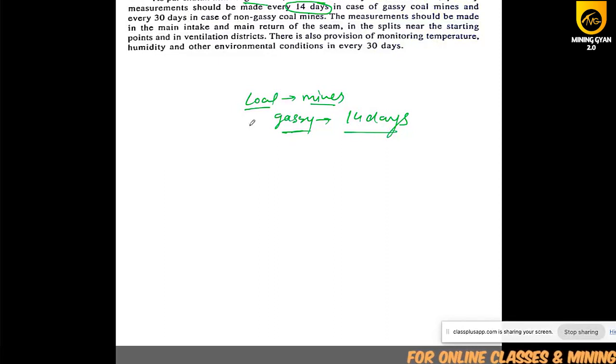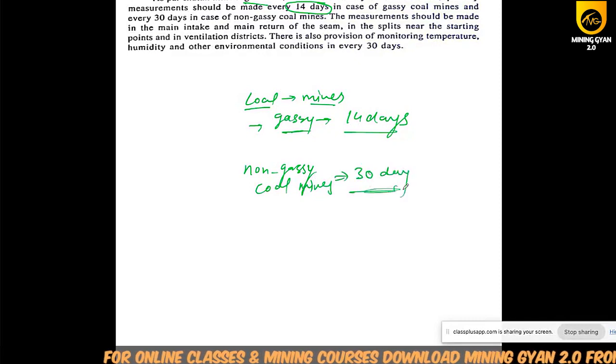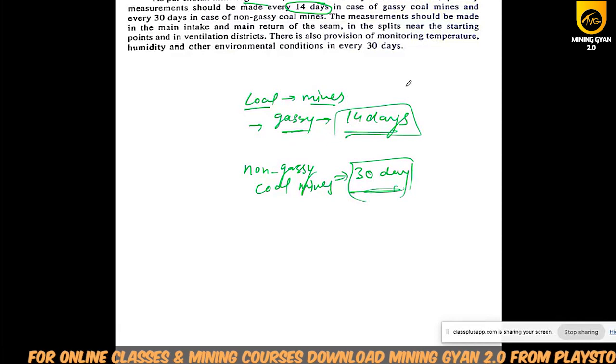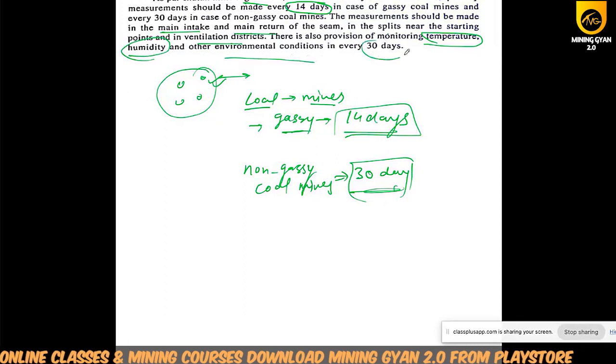But if you are in non-gassy mines in the coal field, you have to do the measurement in 30 days. The measurement should be made in the main intake, main return, the split near the starting point, and the ventilation district. There are various points where you have to measure the air quantities, and you have to measure not only the air but also the temperature, humidity, and other environmental conditions.